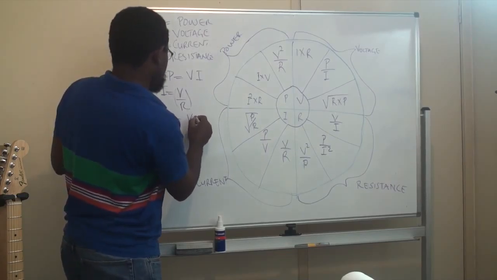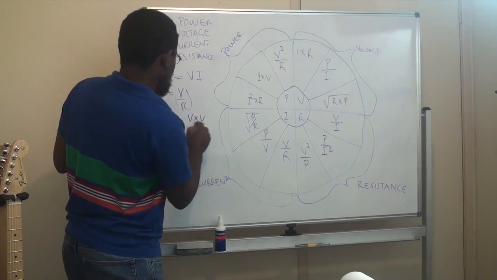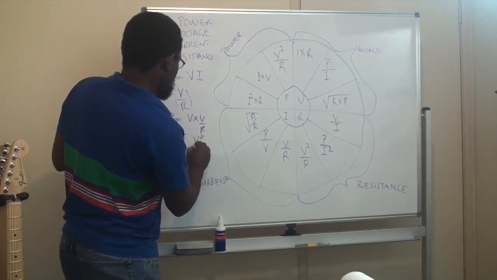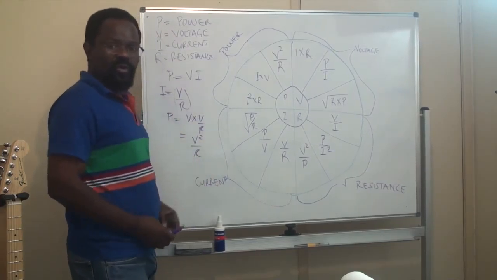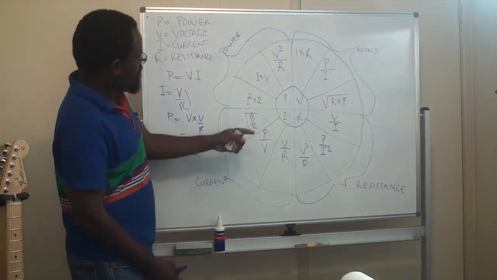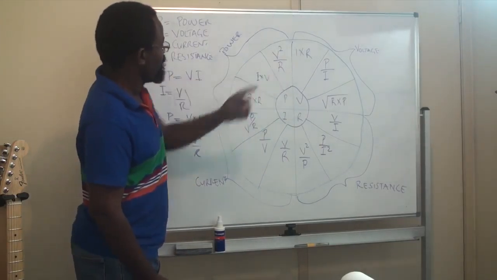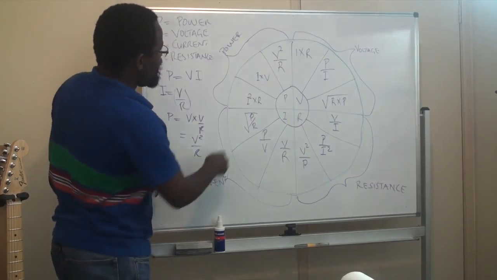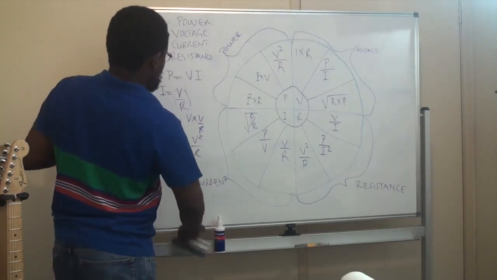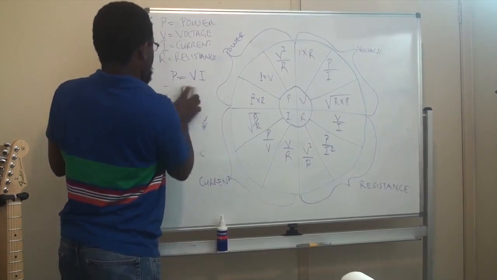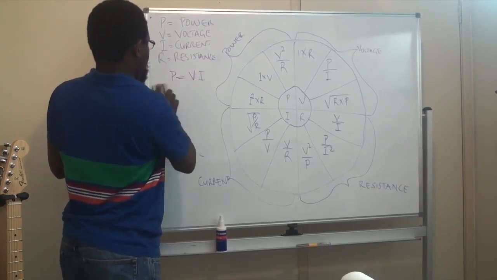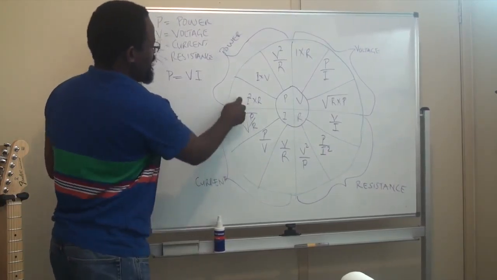It gives V times V over R, which is equal to V squared over R. So power is equal to V squared over R. Now we want to derive the next one there.